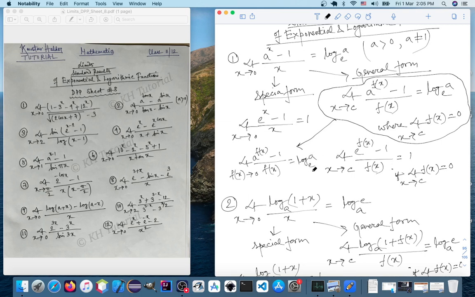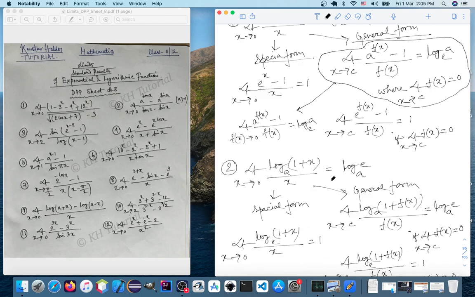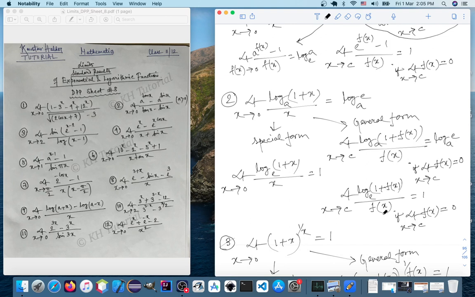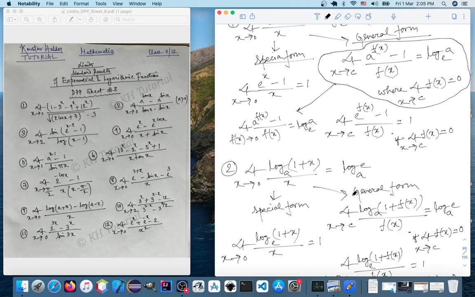So whatever the limiting variable is in the given limit, for that limiting variable, if f(x) is tending to 0, that is how we write it below the limit. For whatever the limiting variable, if f(x) is tending to 0, then a to the power f(x) minus 1 divided by f(x) is log a to the base e. The same compact form also applies to all other general forms. It is too clumsy here, so I won't write it. Please note it down. These two are the same. This is the compact form, and this is the more detailed form.